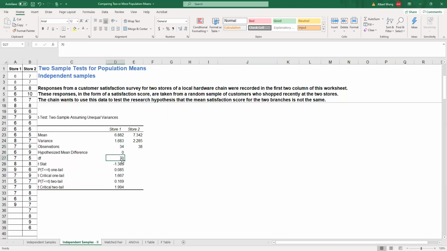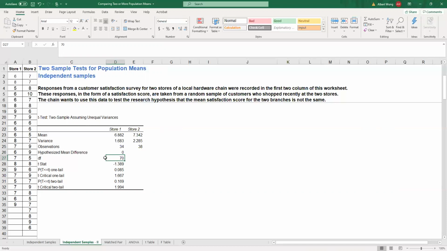Now, notice that the degrees of freedom is different. This is actually a bug in Excel that has been around for a long time. Excel just rounds the degrees of freedom instead of rounding them down. So a lot of times there is a difference between what you would get if you do it manually and what you calculate in Excel. I would not make any adjustment.